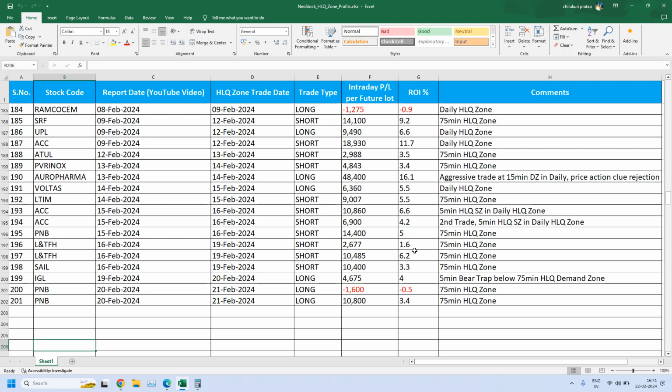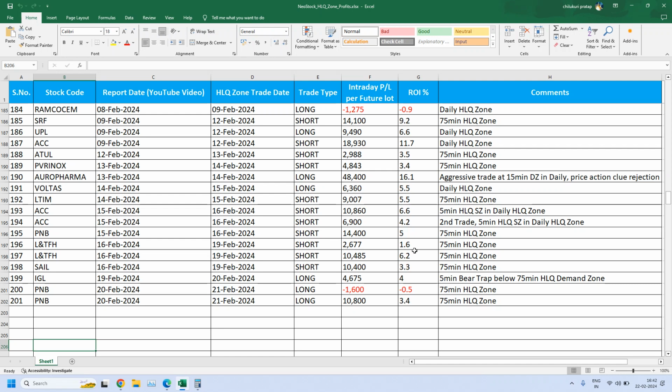If you take NeoStock high liquidity zones and understand lesson 16 properly, both together will give you very good profits. I repeat, lesson 16 concepts and our high liquidity zones, daily high liquidity zones and 75 minute high liquidity zones, combined, are an extraordinary concept.